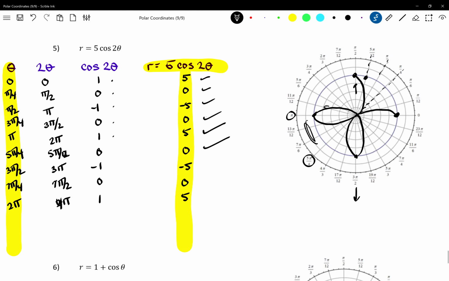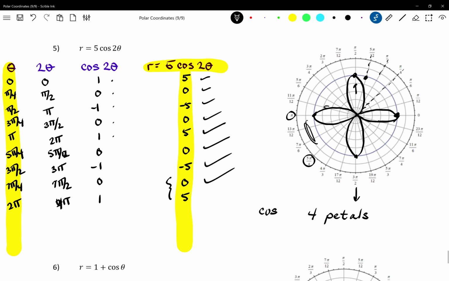Then we're back to 0. And now r is going from 0 to 5, so we're talking about positive r values, which means whatever way our angle is facing, that's the way r is. We're coming back to here, and then we're back to where we started from. Weird, huh? So this has 4 petals.